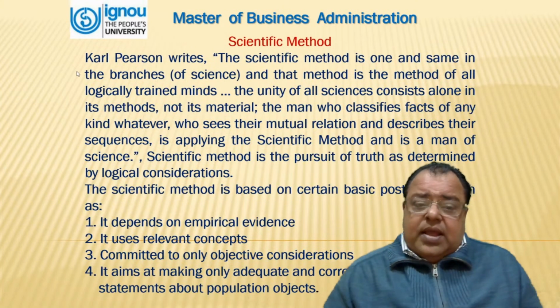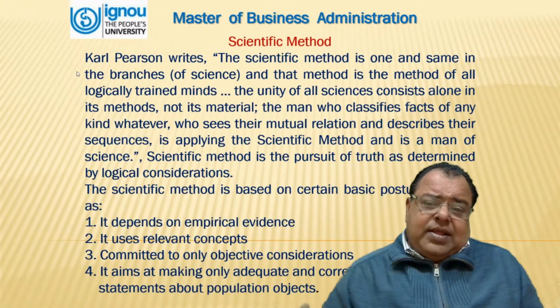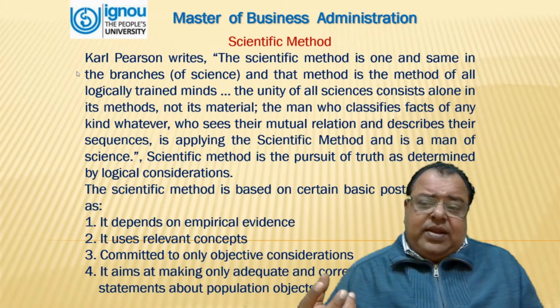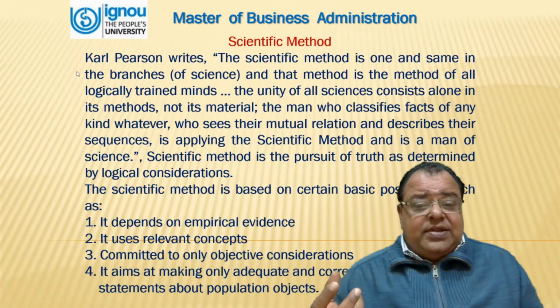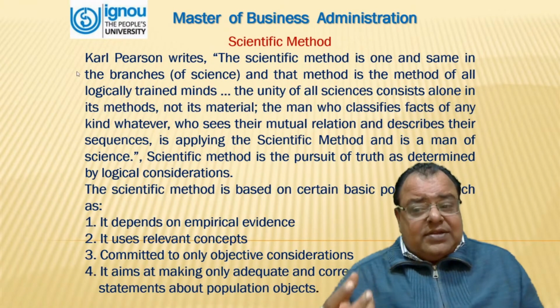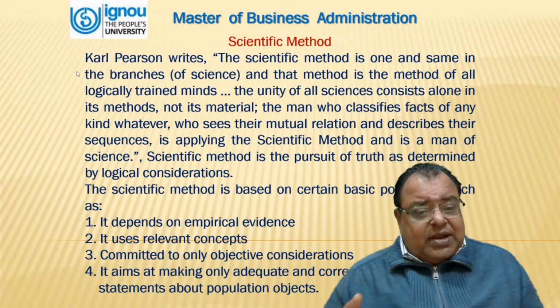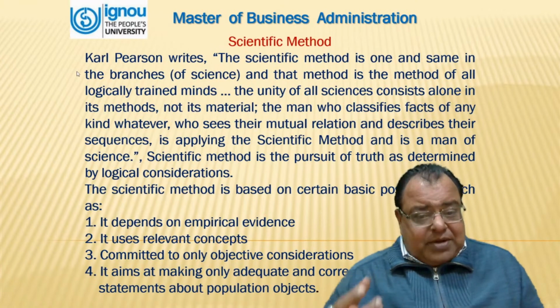Scientific method. Karl Pearson writes, the scientific method is one and the same in the branches of science, and that method is the method of all logically trained minds. The unity of all sciences consists alone in its method, not in its material.